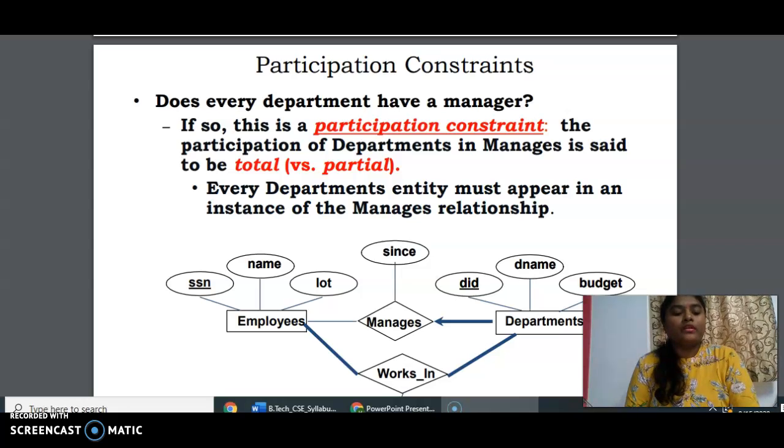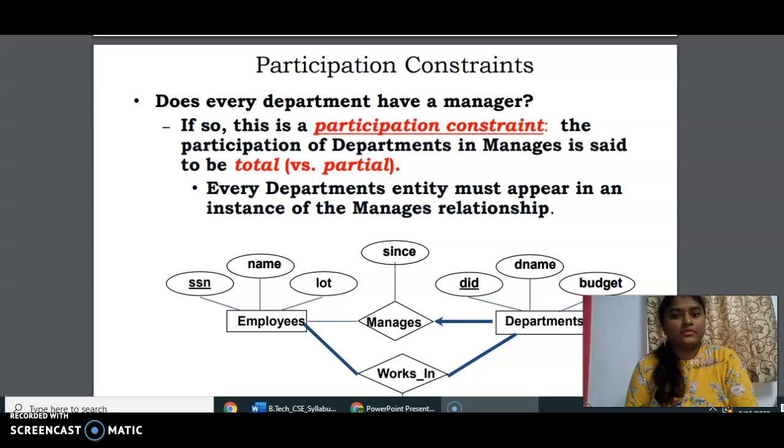For example, if we have a course that is available, like CSE, each student should participate in the CSE course. If there is one college with a CSE course, and you want to become a student of this college, then you should enroll in the course.